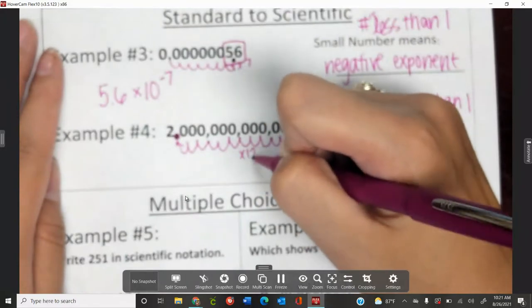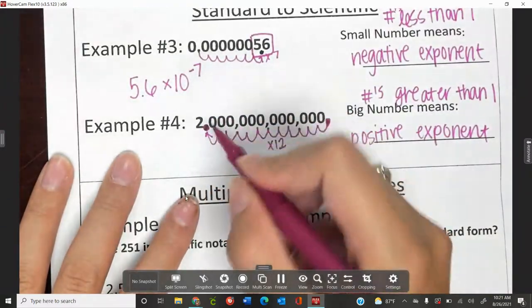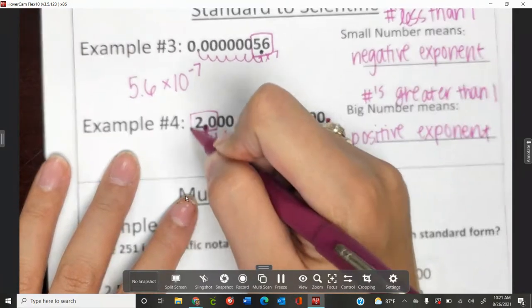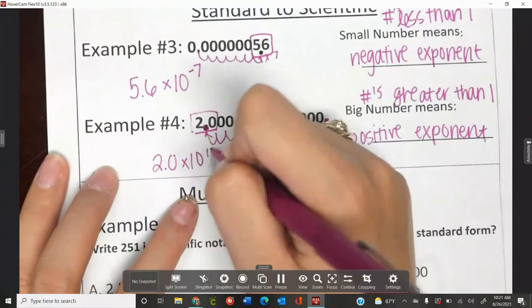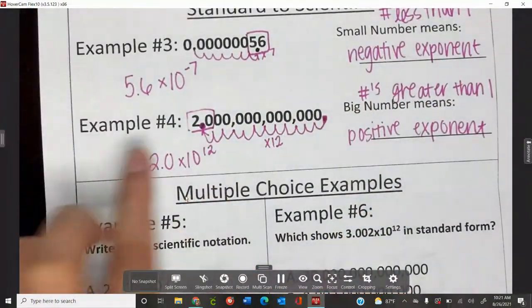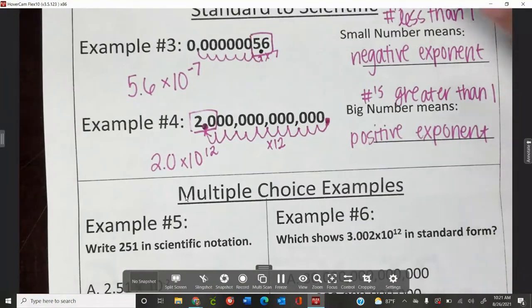So we move this 12 times. So whenever we rewrite this, you can either just write 2 or you can put 2.0. So 2.0 times 10 to the 12th power is my answer. Since it was a big number, again, it gets a positive exponent.